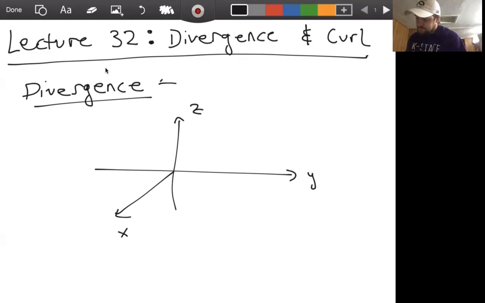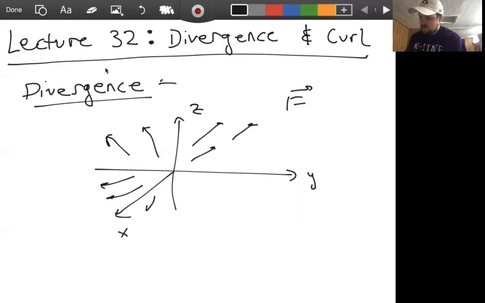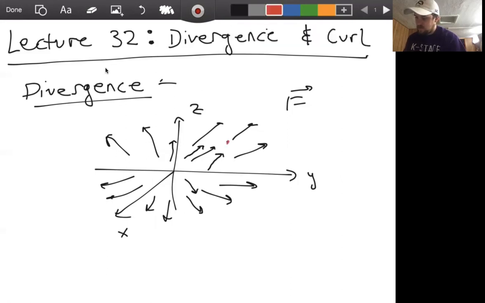So we have some vector field, say F. Say we have something like this. And we take a given point. Let's say we take like this point here, maybe in red.